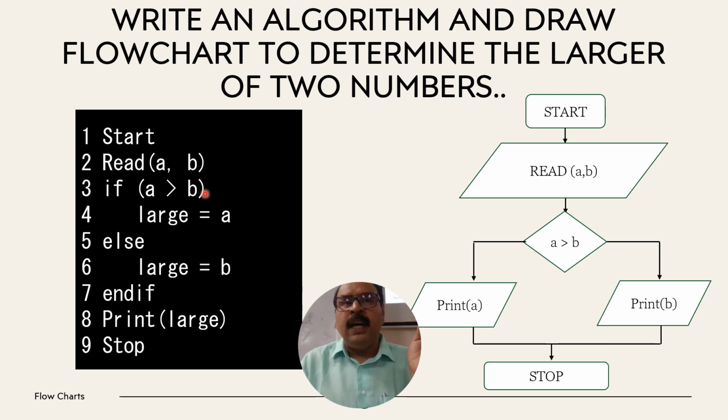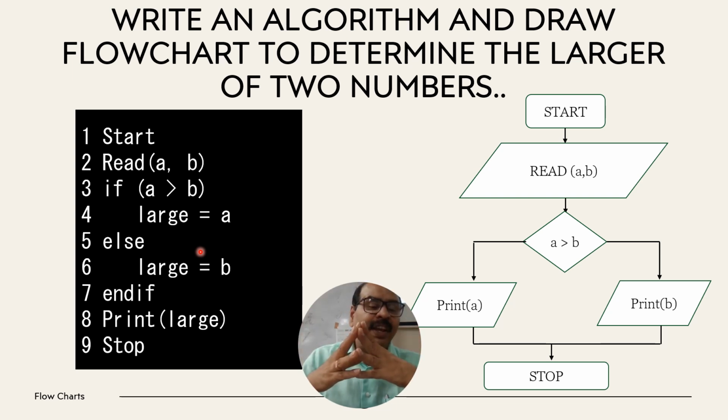Please keep in mind that the if statement is followed by a condition, and after the condition it says that if A is larger than B, the value of the variable large will be A. Otherwise it will be B. The else comes after this block. This is called a block. So after this, the else gets executed: otherwise large is B.